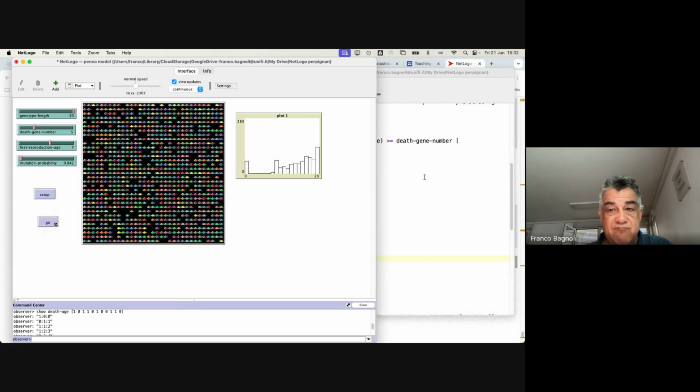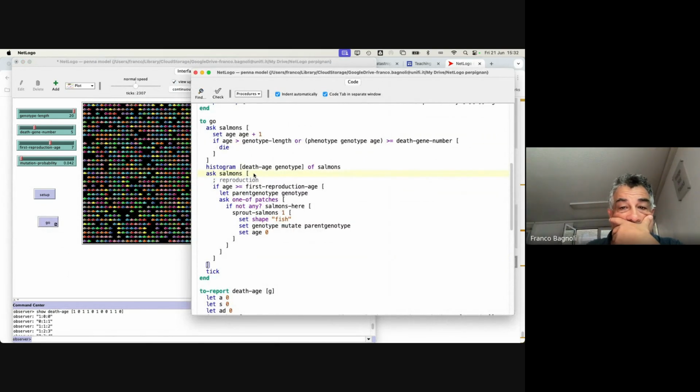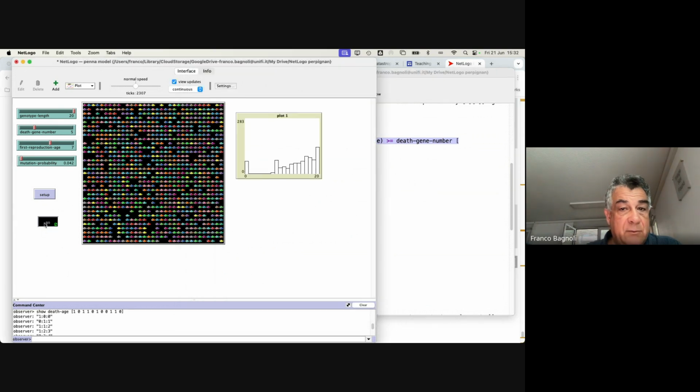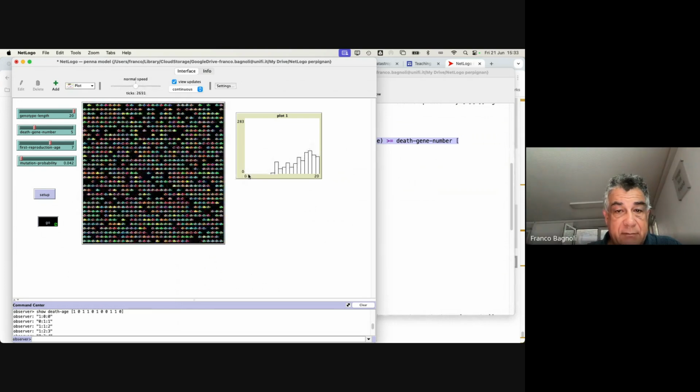Because if age greater than genome length, no? Or age or phenotype greater than that gene number die, this should eliminate all salmons. So I don't understand why here I have... now it disappeared.